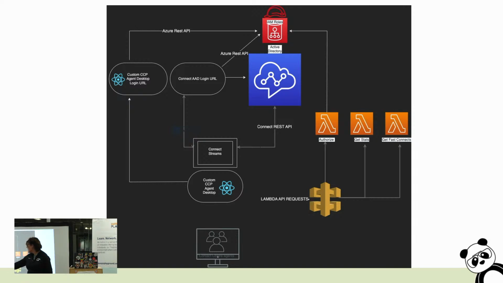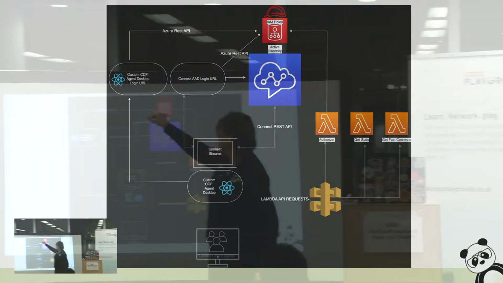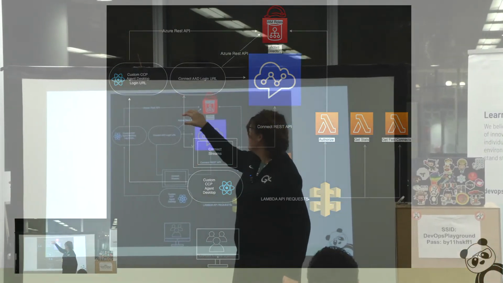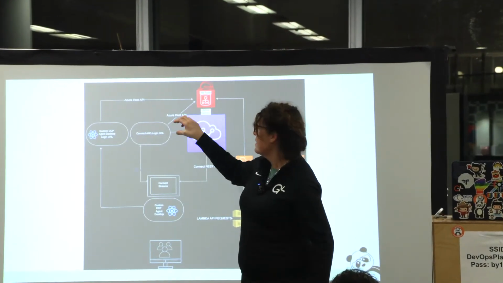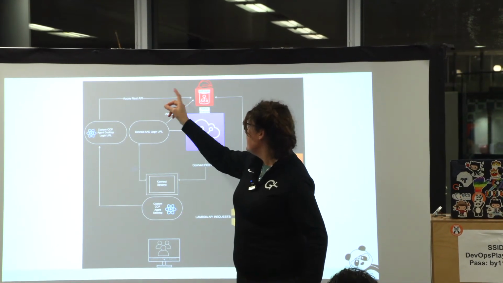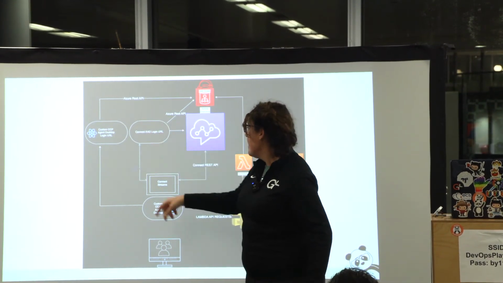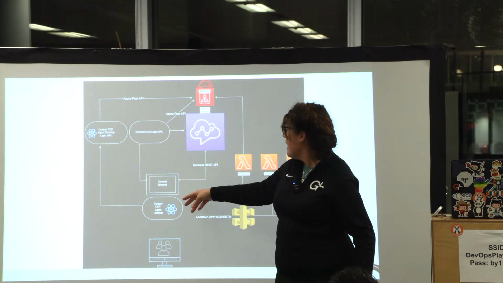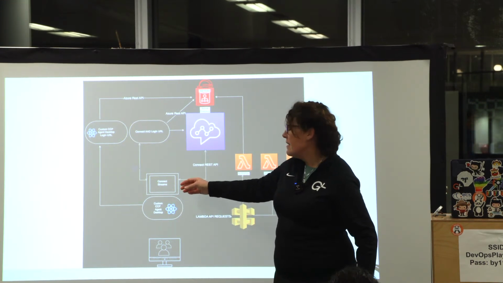They're going to fire up their icon for their agent desktop, and it'll open up and check if they're logged in. If they're not logged in, off it goes to the login URL, and then straight away it's firing off a request to the Active Directory, which of course protects the whole security of the system. And if it's successful, then it comes back here and it will say, yep, you're in.